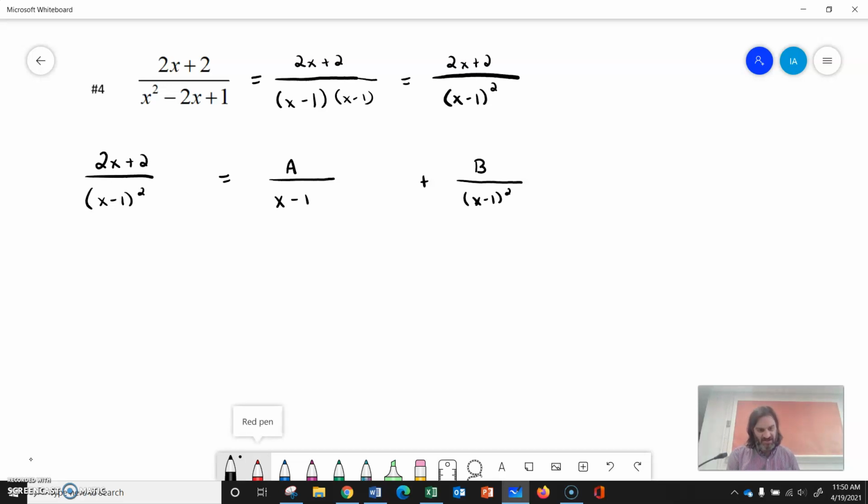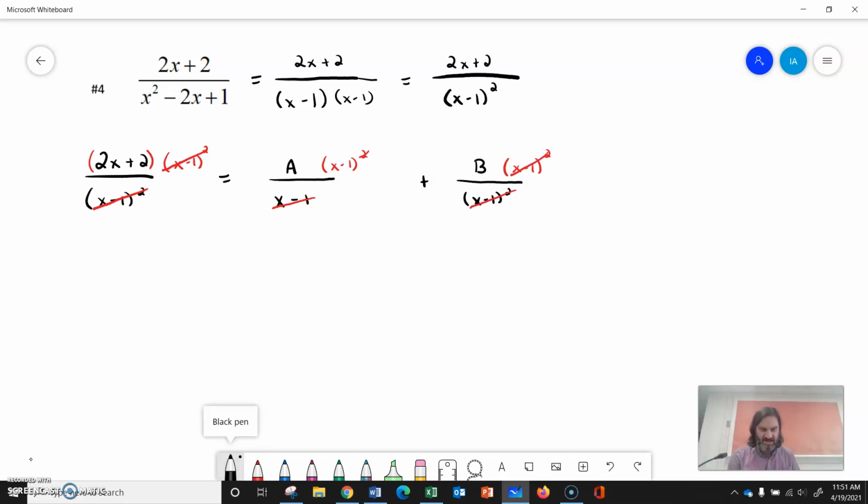Now what we've got to do is go through and actually break this down and figure out what the a and the b are. So we'll multiply through by our common denominator, which is x minus 1 quantity squared. That's going to knock one of them out of the single factor, and it'll knock both of them out of the double factor.